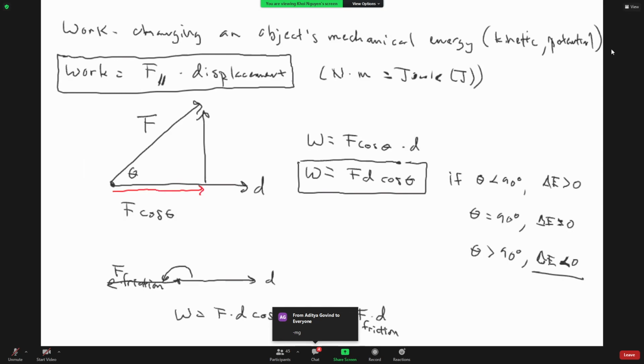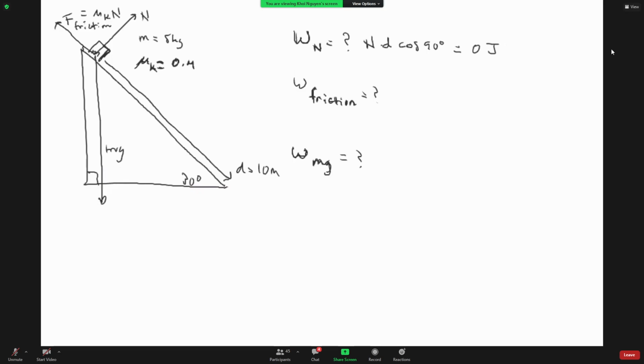Sorry, I had a student ask, why is it cosine of 90, not 30? So what's the angle between the force, in this case your normal force, and your displacement vector? What's this angle right here? Is that 30?